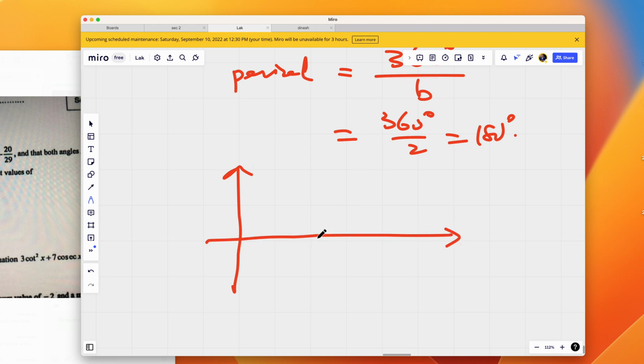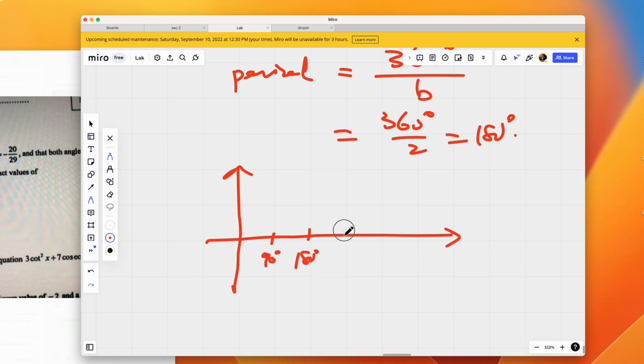Never mind, I still start with the normal curve first. The normal curve for sine is this, then it goes down. This is y equals sine x. So now I know that instead of 360, at 180 I need one cycle already.